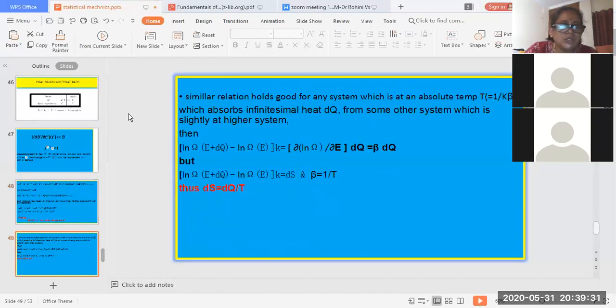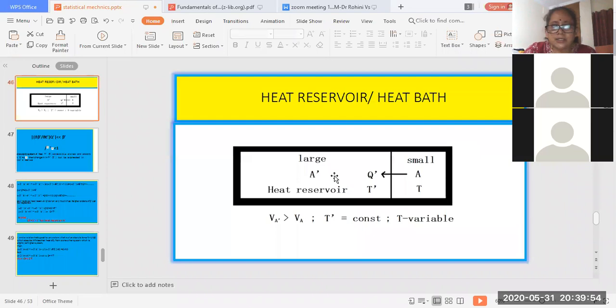Okay. So this is about the heat reservoir, the exchange of heat energy with respect to a system which is losing or gaining energy. You can see here these are the two systems, one is a larger system and another is a smaller system, A dash and A. A dash is a supplier of heat energy.